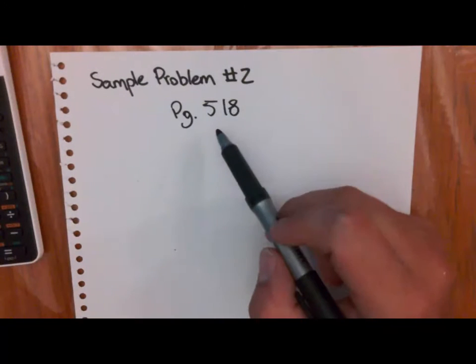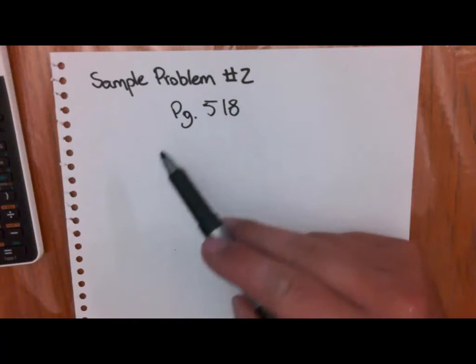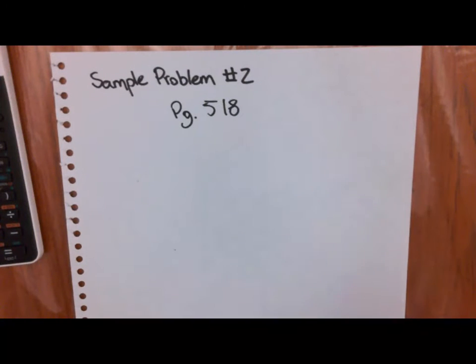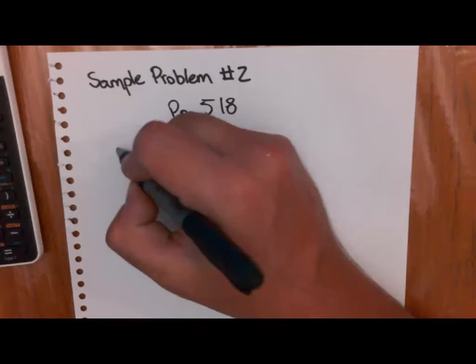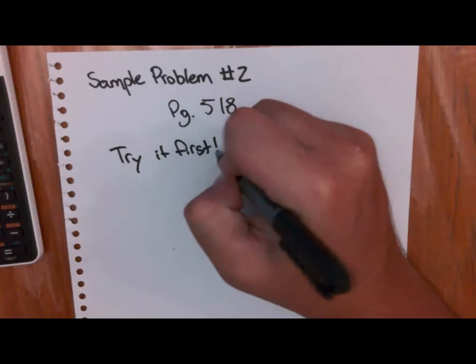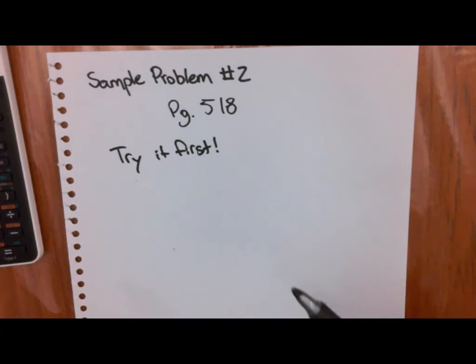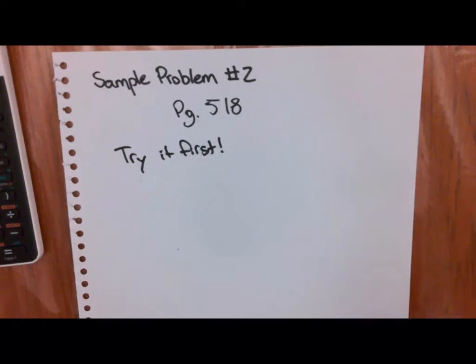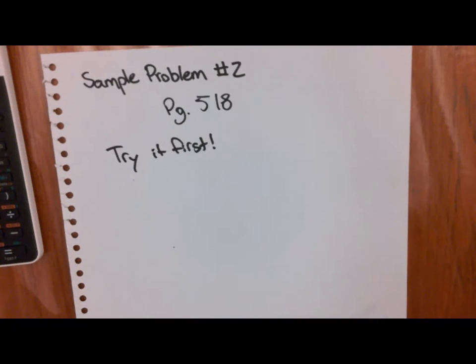With this sample problem, it gives you every step along the way. I'd prefer if you would try it first, and if you get stuck, then go through the steps to determine where you might have made a mistake. Just be careful with that rule of 100: if it doesn't equal more than 100, you cannot make the assumption and you may have to use the quadratic equation.